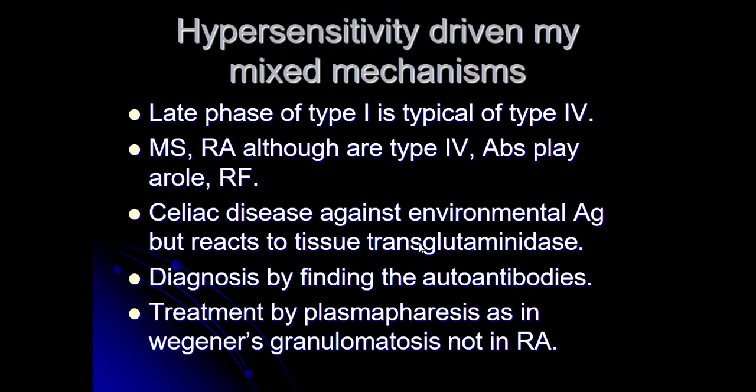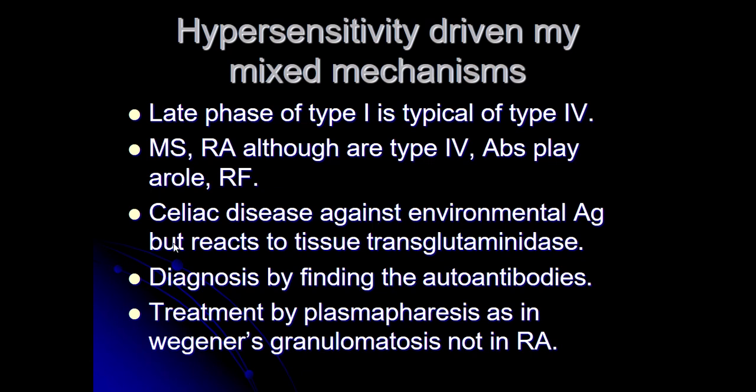So delayed type hypersensitivity reactions usually involve cells, but sometimes antibodies, as we said, play a major role in the pathogenesis, and detection of these antibodies can help make a diagnosis of those types of diseases.